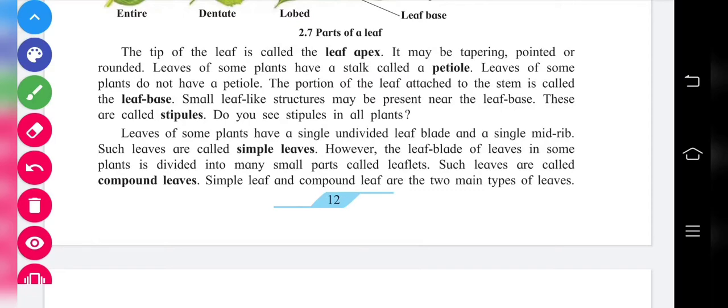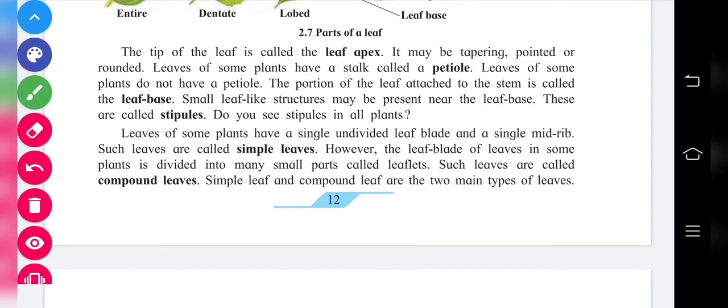Okay, so the leaves of some plants have a single undivided leaf blade and a single midrib. Such leaves are called simple leaves. So some of the leaves have a single leaf blade.